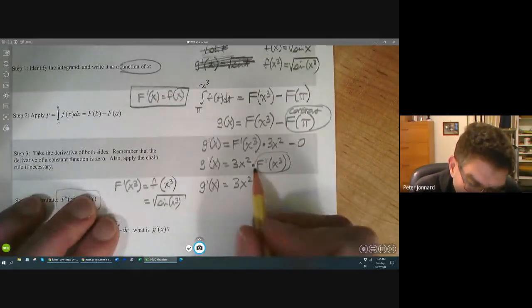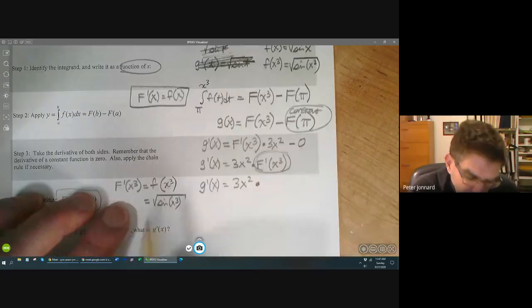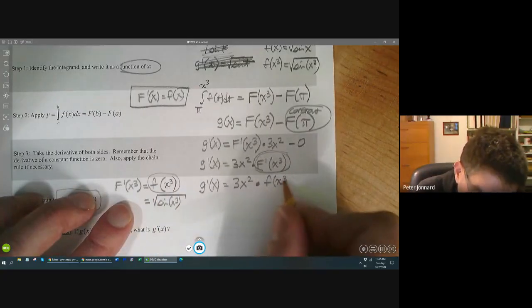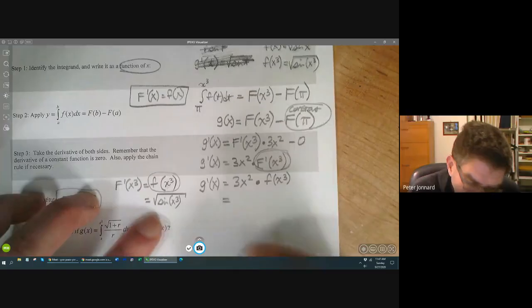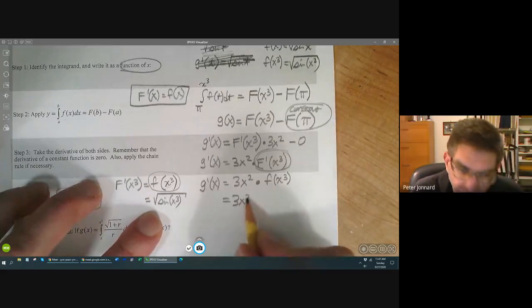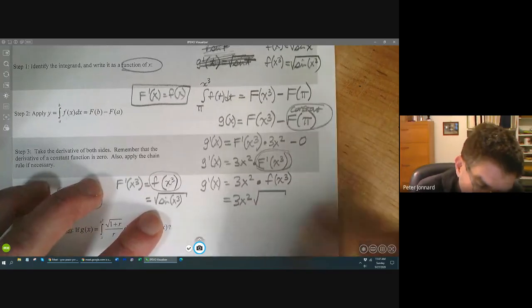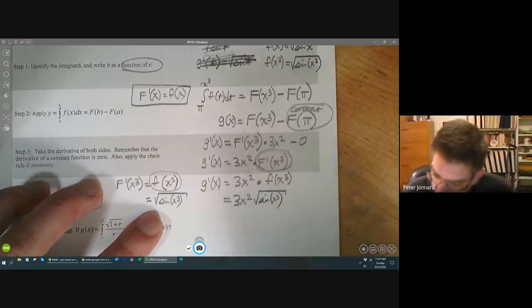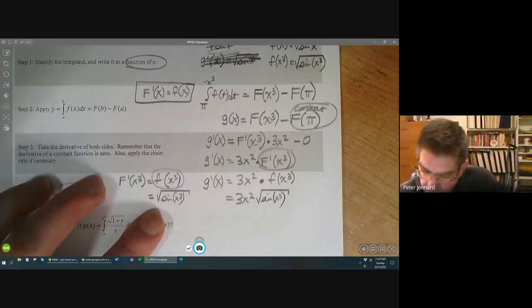So this expression here, you could replace it with this, which is equivalent: 3x squared times the square root of the sine of x cubed. And there I have it.